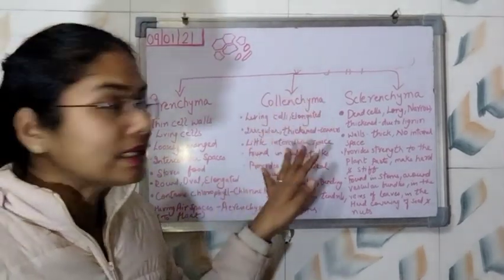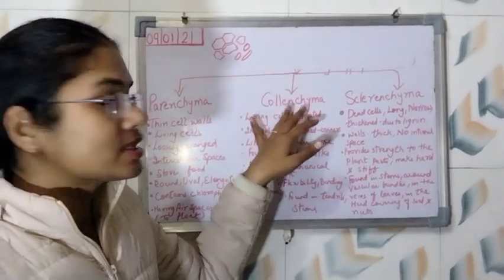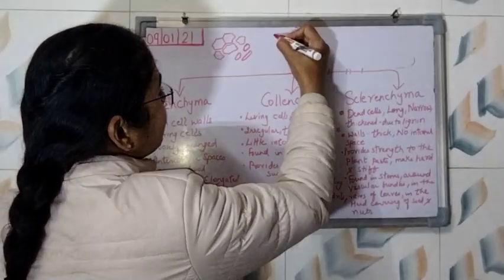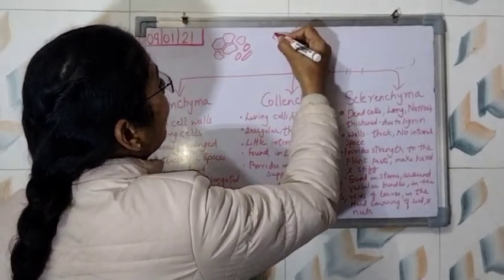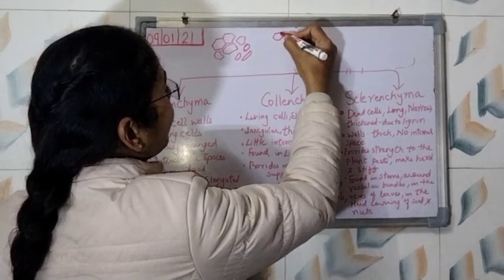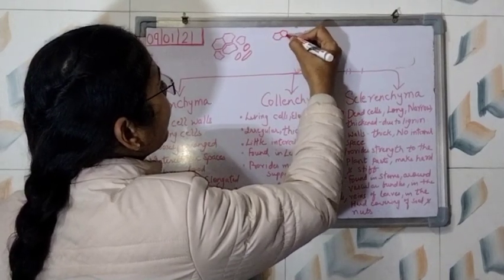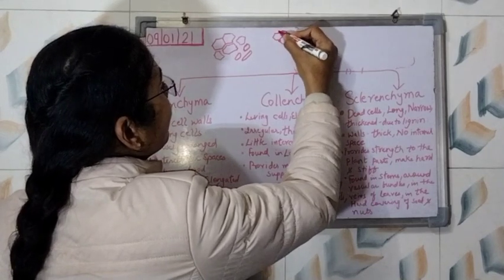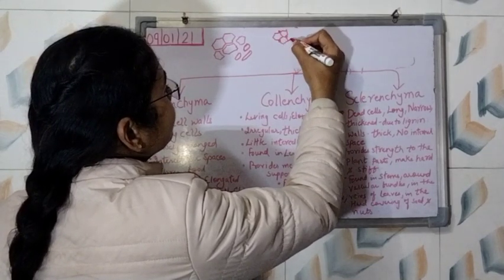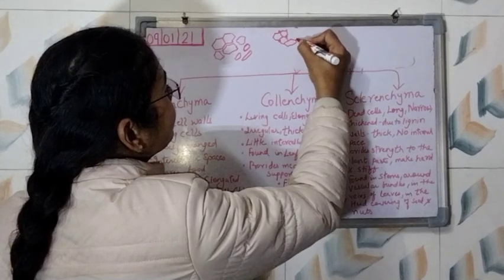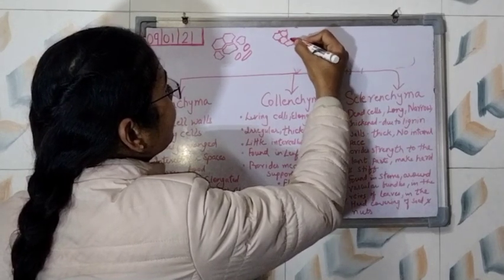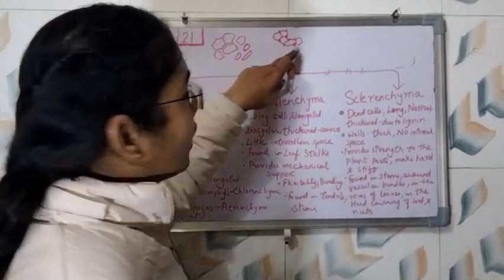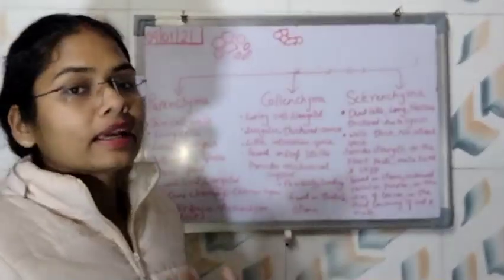Coming to the second type of simple permanent tissue, this is collenchyma. Here in the collenchyma, you can see that at the corners the cell walls get thickened, right?